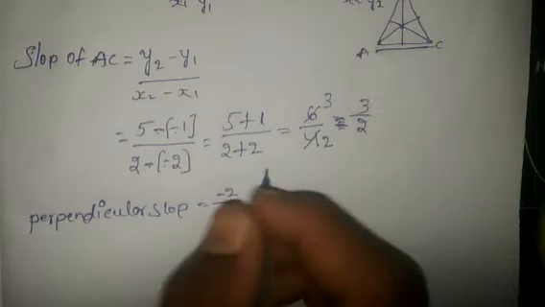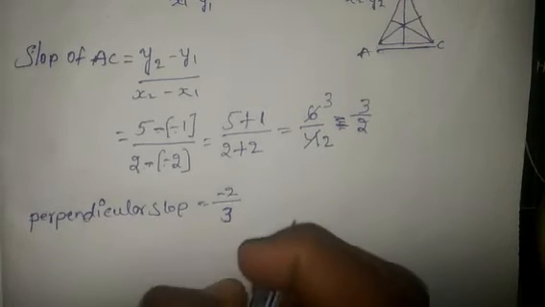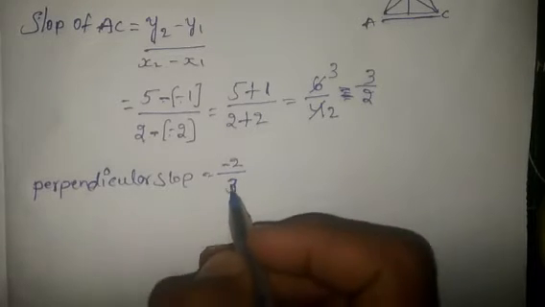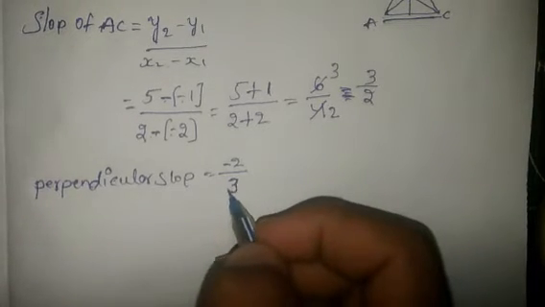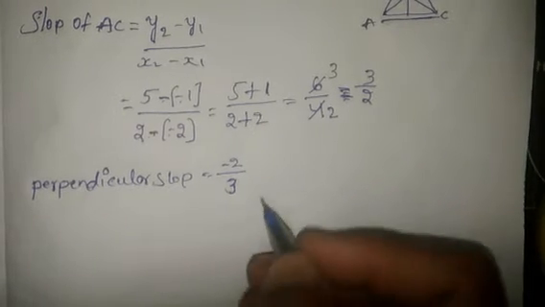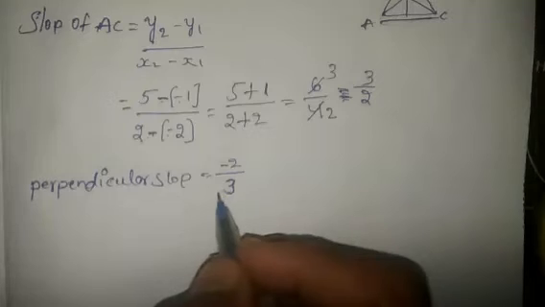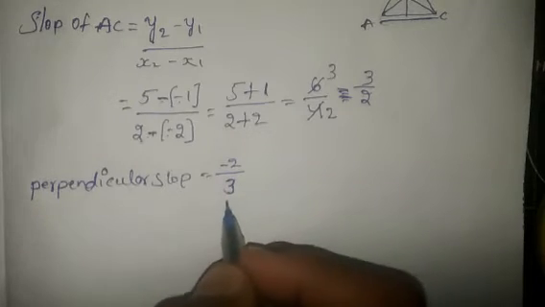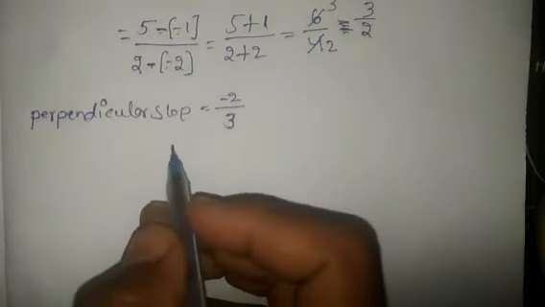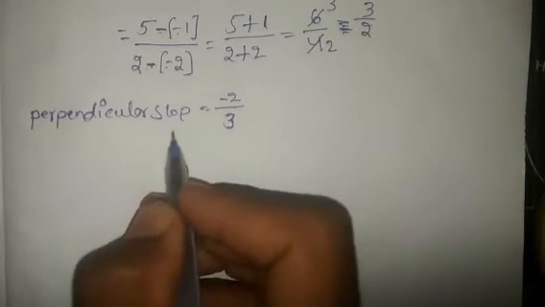Okay. Now we have to solve. So we are finding the perpendicular slope of AC, that is minus 2 by 3. Now we have to solve this with equation 1 and the slope.